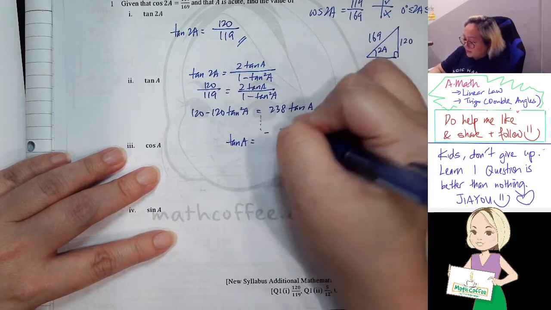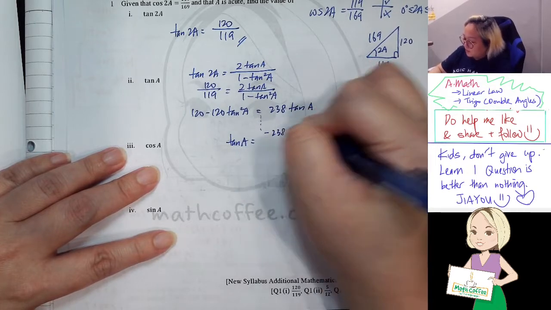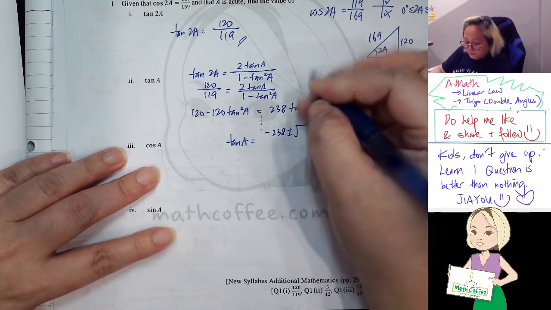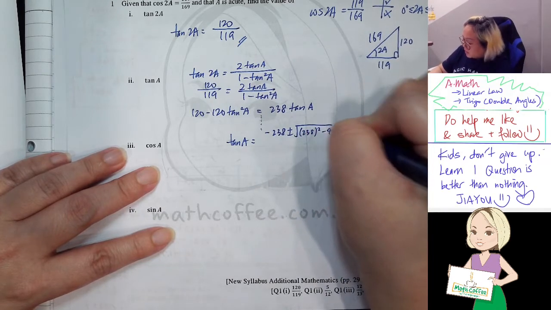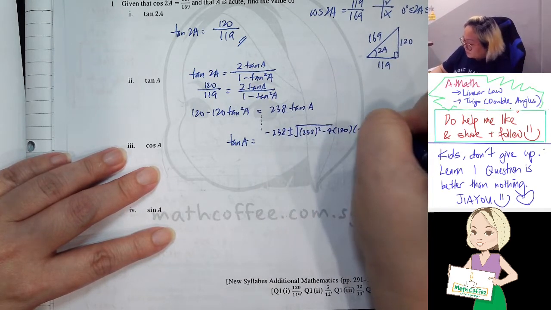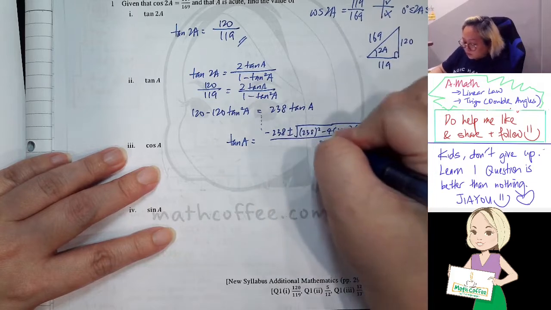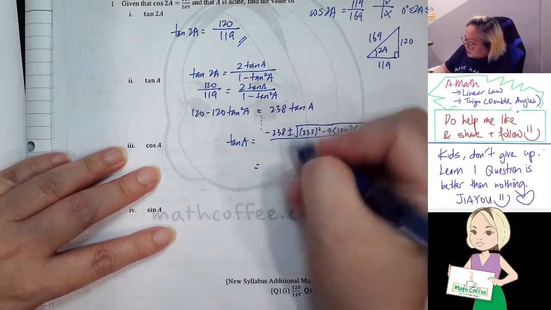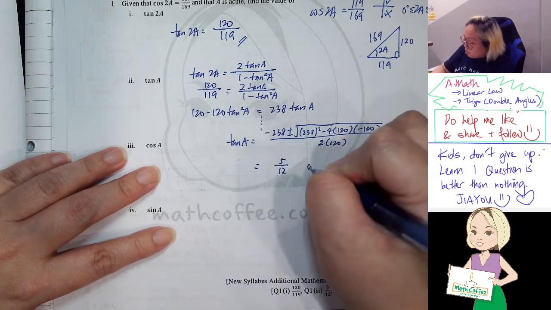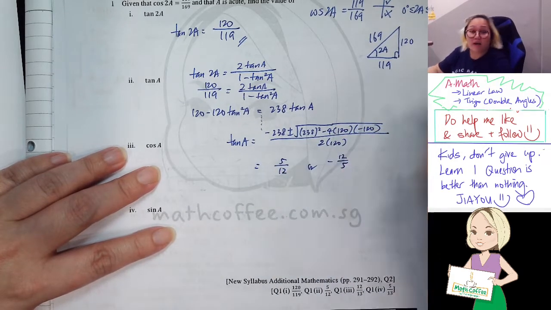So it's minus B plus minus square root of B square minus 4AC over 2A. And I will have two answers, 5 over 12 or minus 12 over 5.